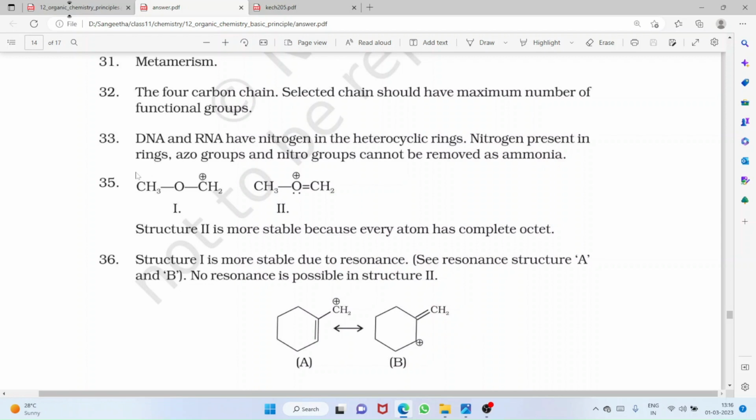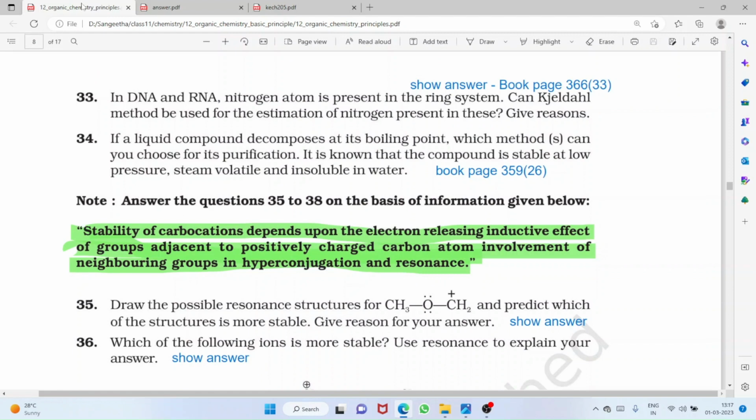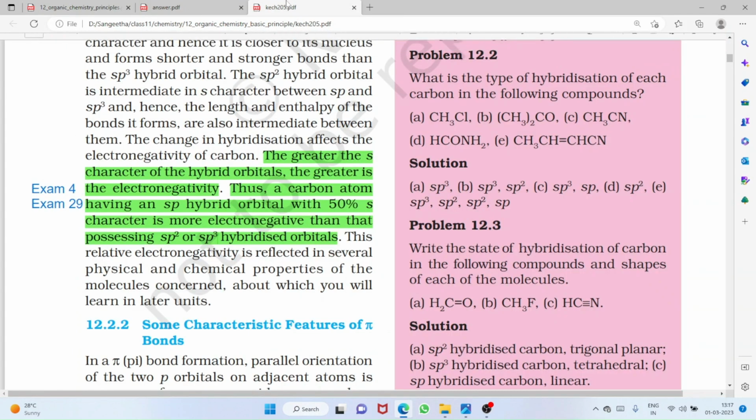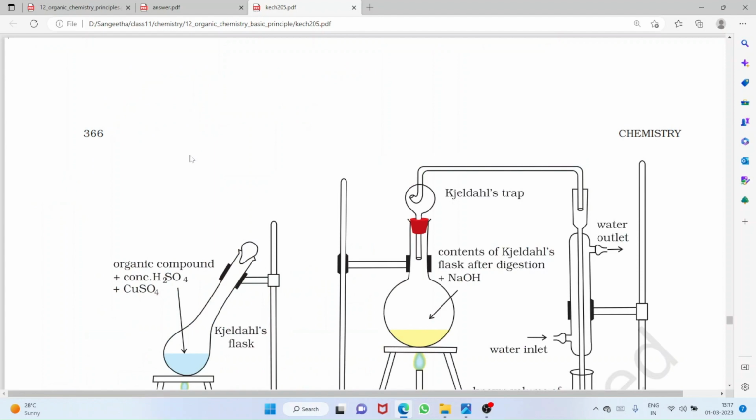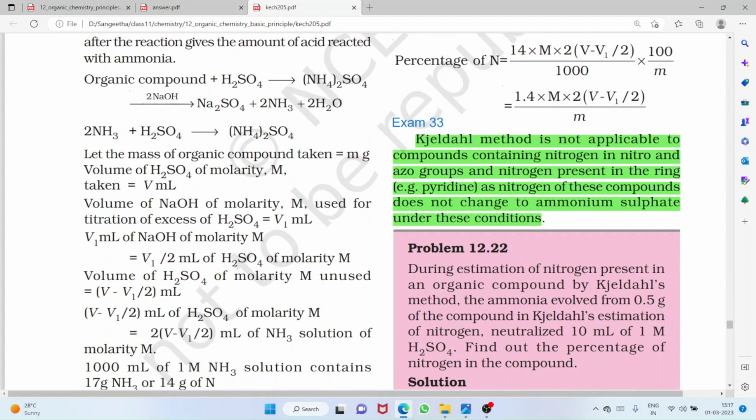Nitrogen present in rings, azo groups and nitro groups cannot be removed as ammonia. So you can go through this. This method is not applicable for compounds containing nitrogen in nitro and azo groups.